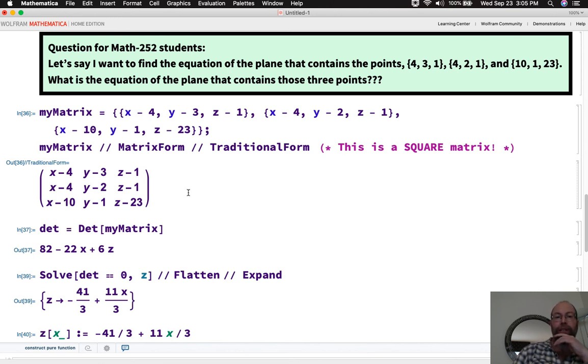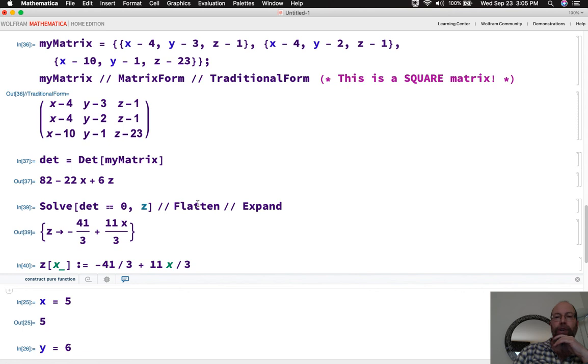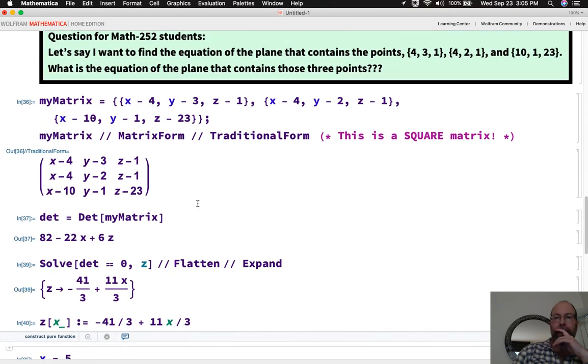Interestingly, y got thrown away, which is really interesting that y got tossed out like that. Yeah, so this is kind of a weird example.